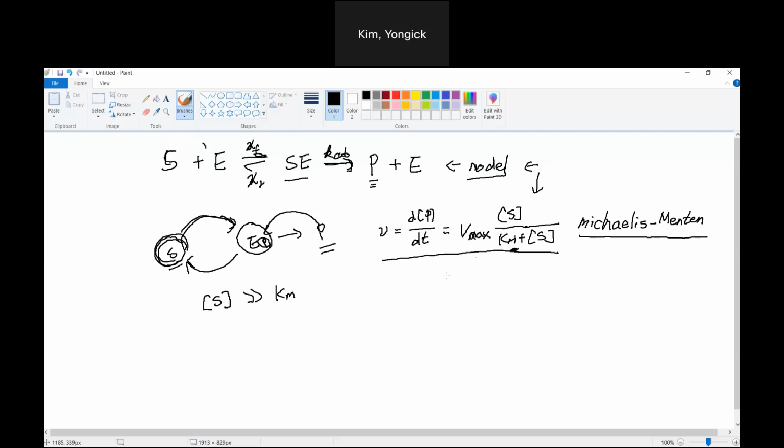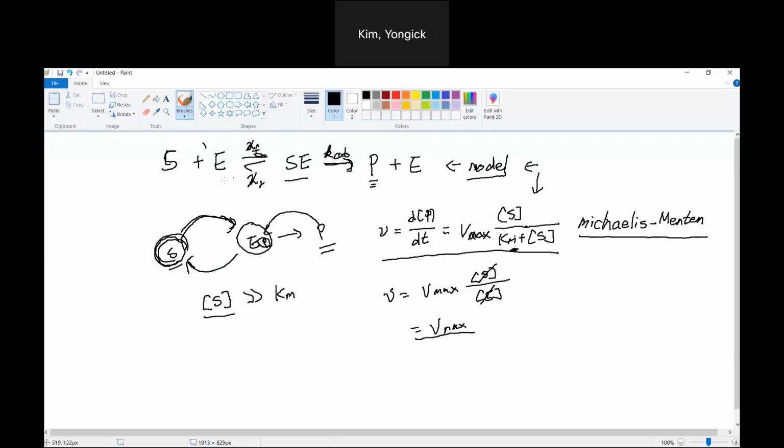So we can write down this equation as V equals Vmax, because Km does not affect anything, so the S in the numerator and the S in the denominator cancel. So V equals Vmax. If you have a lot of substrate, much more than the enzyme, you get the constant Vmax.